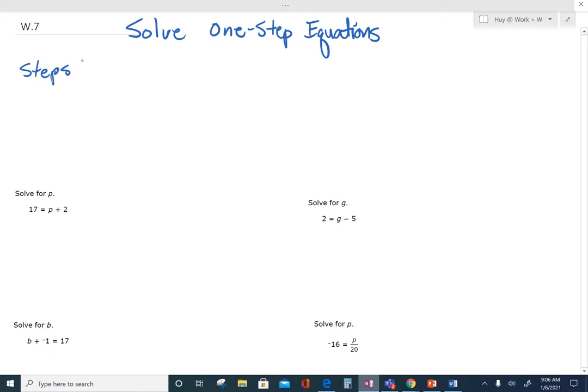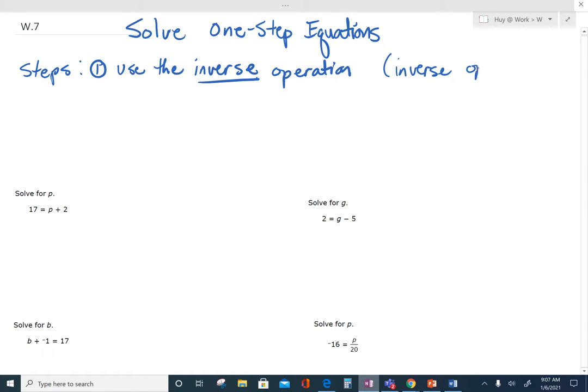is first we need to use what we call the inverse operation. All right, inverse, if you have forgotten, it means the opposite.